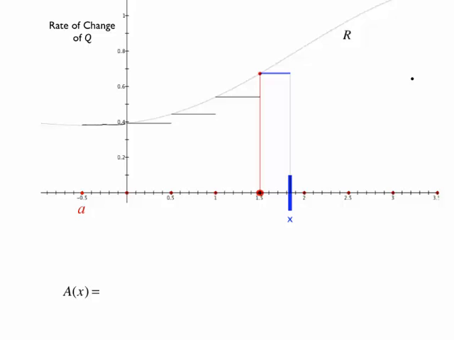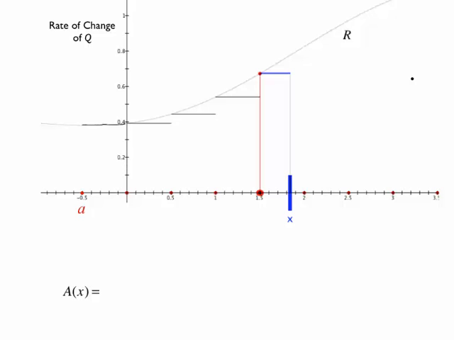To calculate how many intervals? X minus A over delta x, and then take the floor function of it, right?